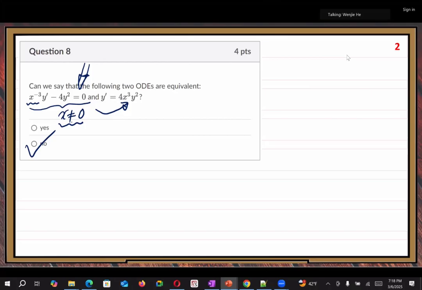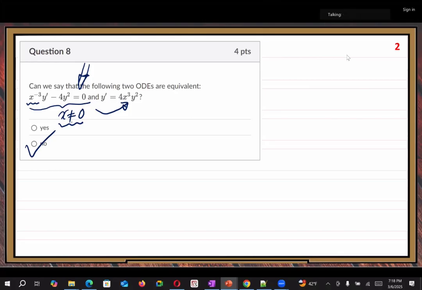So after you find the solution of the second one, you need to modify it to be the solution of the first one. So that's the three questions I selected from quiz 1.